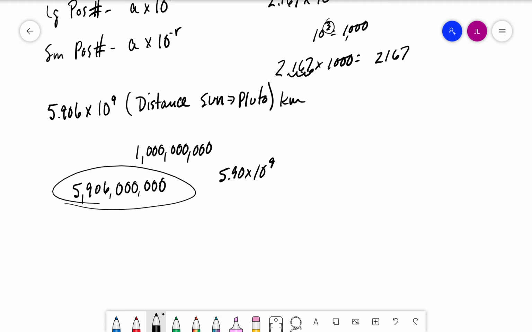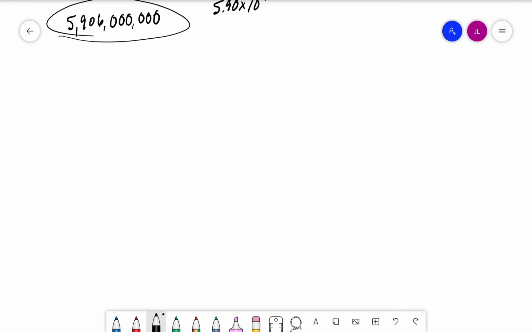When we're writing numbers in scientific notation, there are a couple of things to remember. Number one, we want to move the decimal. This is the easiest way to describe it. We move the decimal in the original number to the left or the right, so the new number has a value between 1 and 10.